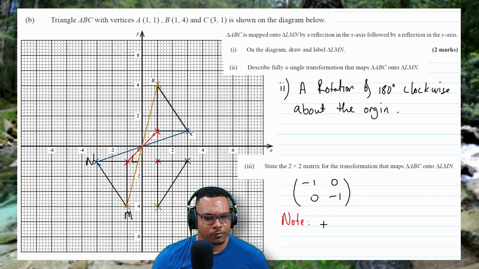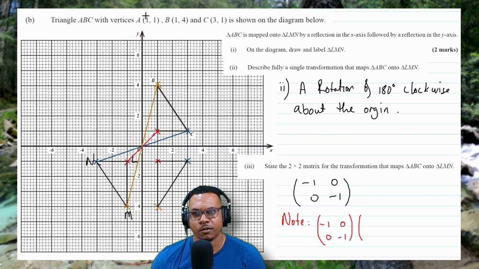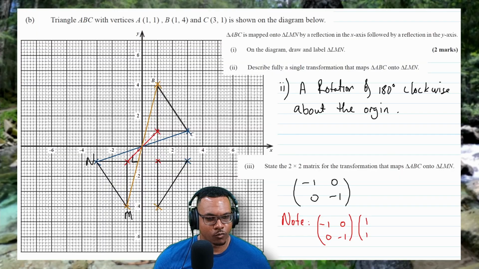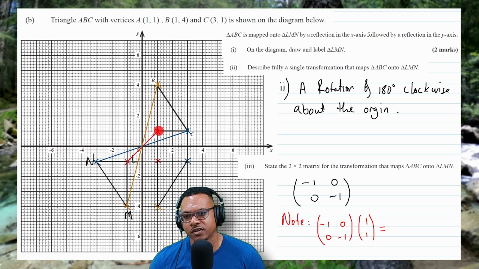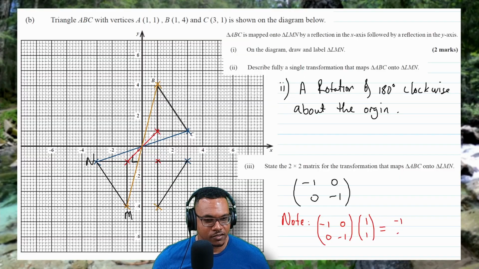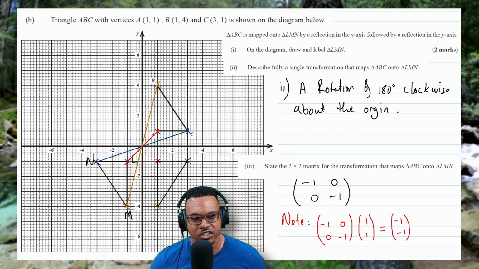I'm just going to put a little note here. If I multiply [-1, 0; 0, -1] by my object coordinates, let's say A, which is (1, 1), I will get the image coordinates. A being (1, 1) corresponds to L, which should be (-1, -1), if you do the matrix multiplication.